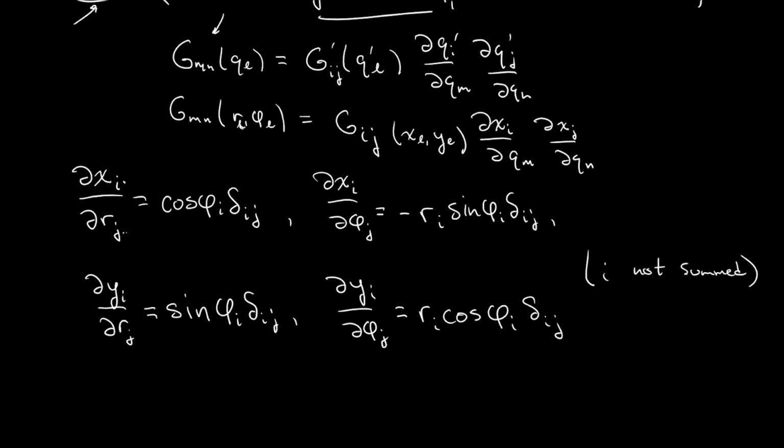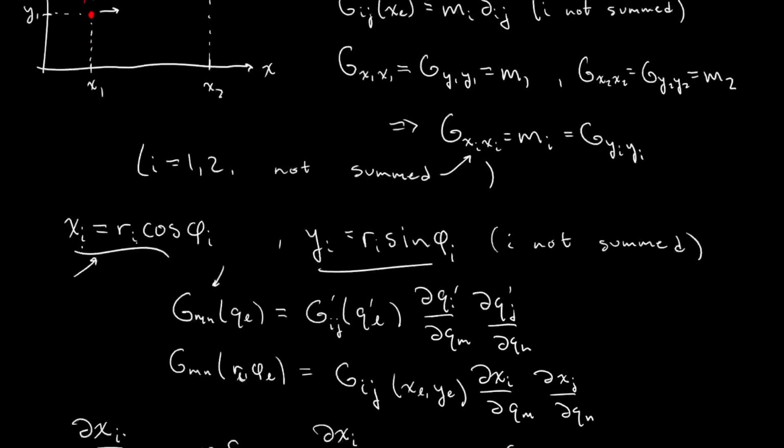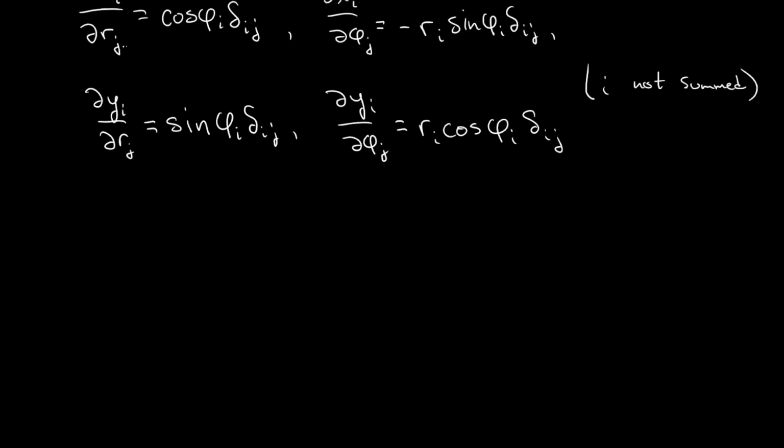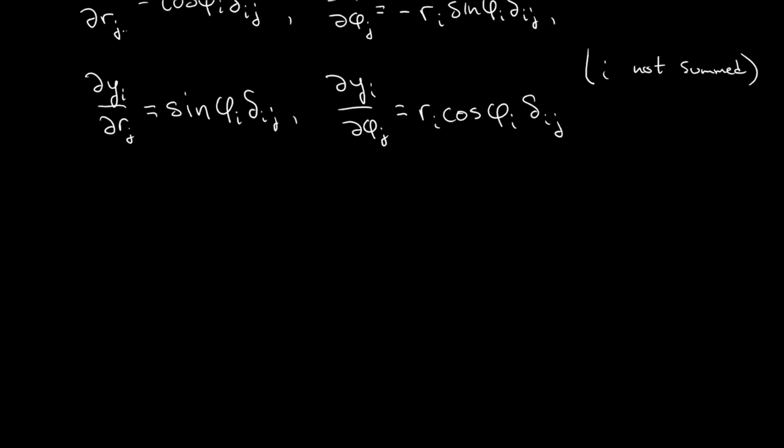Okay, now we just have to find the elements of G using this transformation rule. And like I said, this is all sort of mechanical at this point. We just take derivatives, we plug them into the transformation rule, and we get our expression.